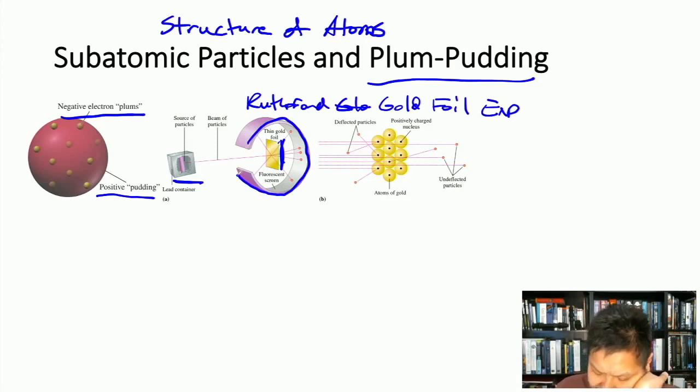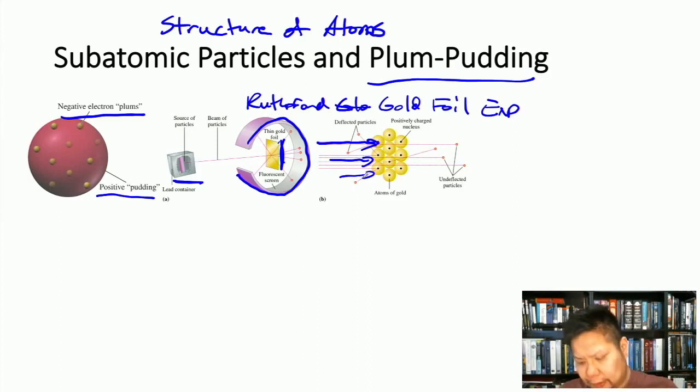So when he shot those positive particles into the gold foil, he noticed that the positive particles were actually being deflected, like it would shoot in, right, and be deflected in very specific ways. Some of it would pass through, but not all of it would pass through. Some of them got deflected, obviously.